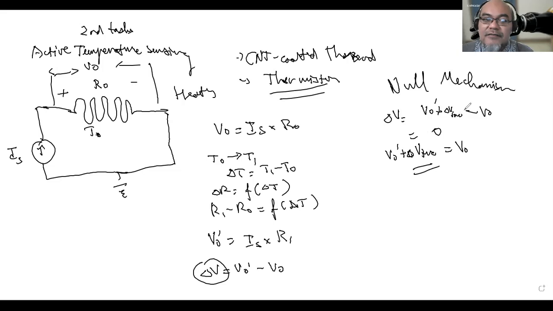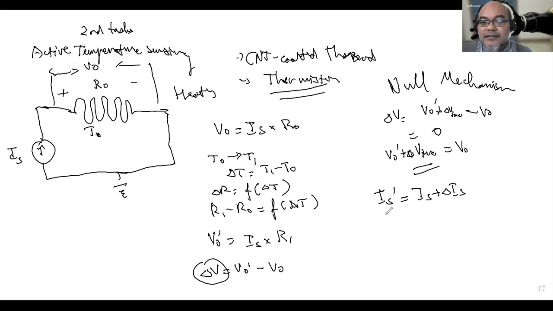To add additional delta V, you have to add current, right? So now you have to control the current, so that IS dash equals IS plus delta IS.